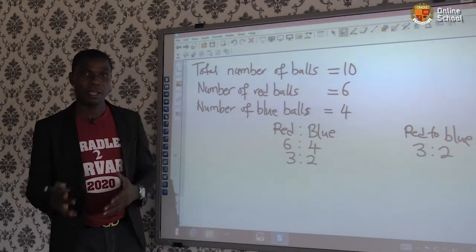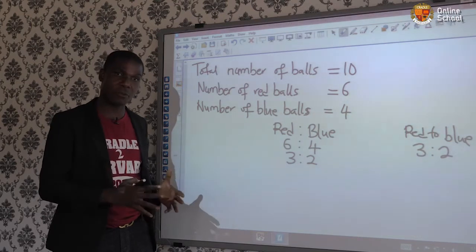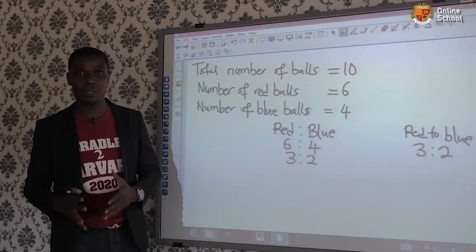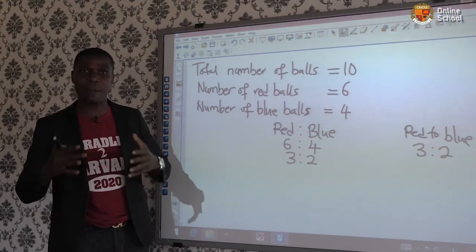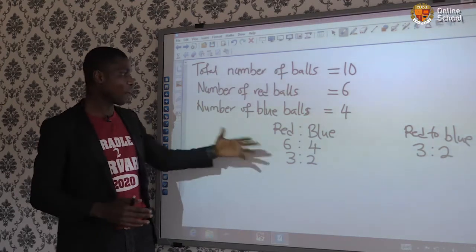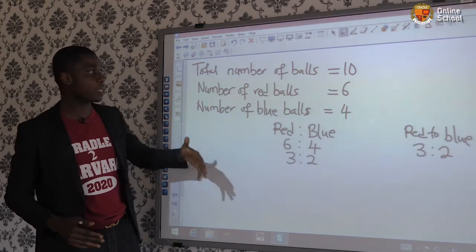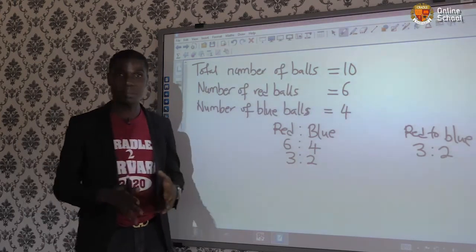Are you with me? The number of red balls and the number of blue balls. The number of red balls is part of the total. The number of blue balls is part of the total. Comparing them is part-to-part ratios. Are you with me?